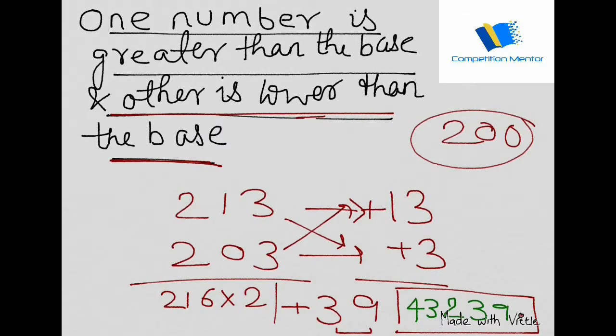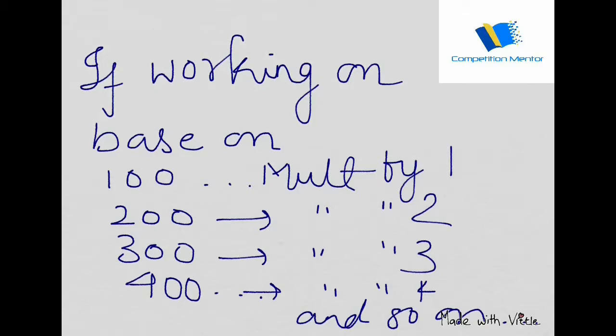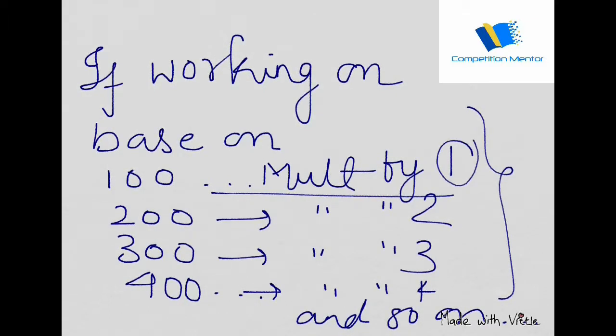So I think you got the logic. Whenever you're dealing with some other base, the same logic you're going to apply. For 100, you need not do anything because you multiply by 100 actually, so there's no point in doing that. For 200, the first part should be multiplied by 2 after addition, and for 300 by 3, and 400 by 4, and so on. This is quite simple.